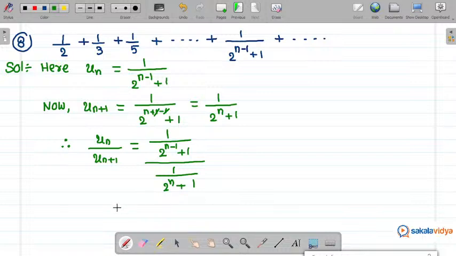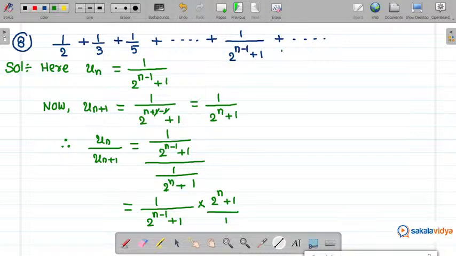So, this equals to, what do you write now here? This equals to, you can write 1 divided by 2 to the power of n minus 1 plus 1 multiplied with reciprocal of 1 by 2 to the power of n plus 1, that is 2 to the power of n plus 1 upon 1.